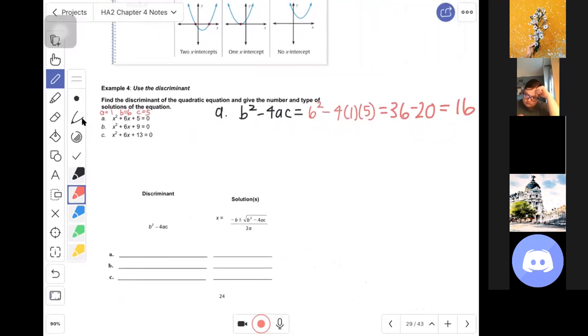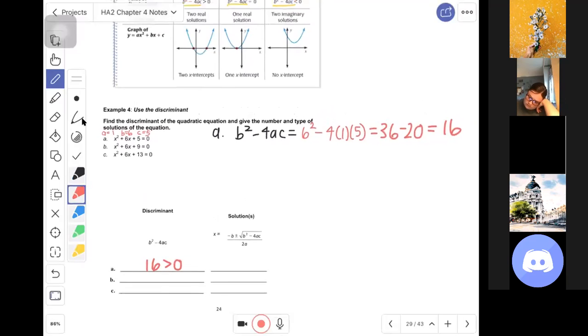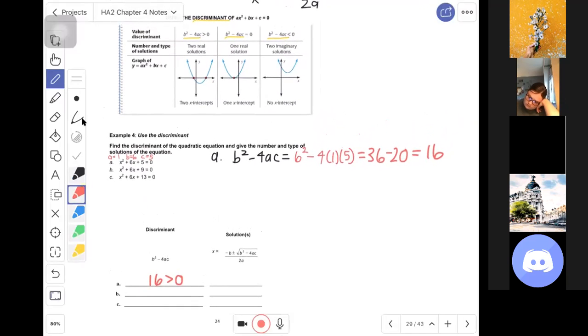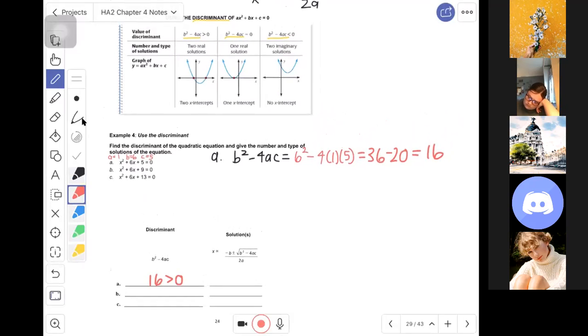So down below for A, our discriminant was 16, which is greater than 0, right? That 16 is positive. Alyssa, what does that mean? How many solutions do we have if our discriminant is greater than 0? 2. 2 what?